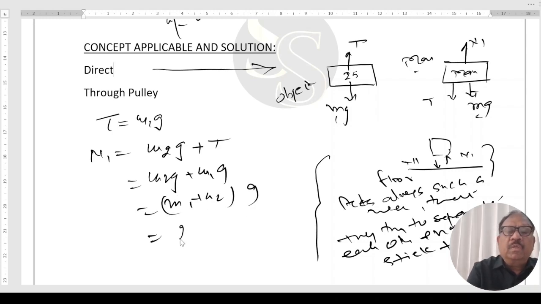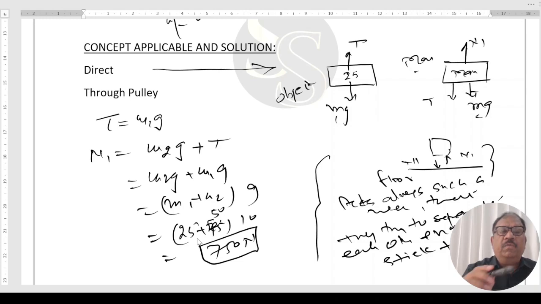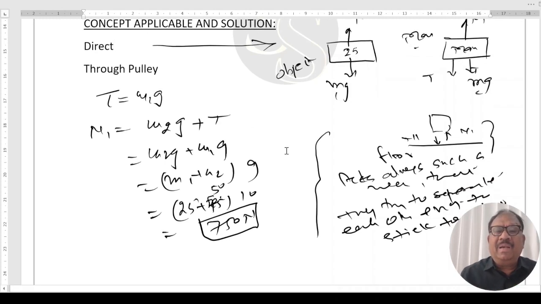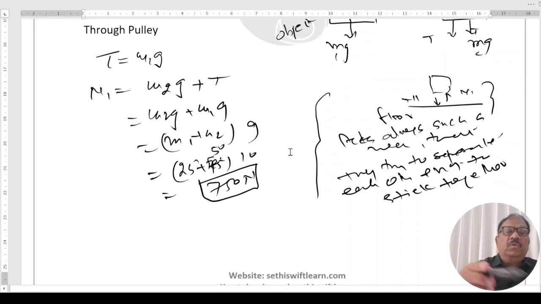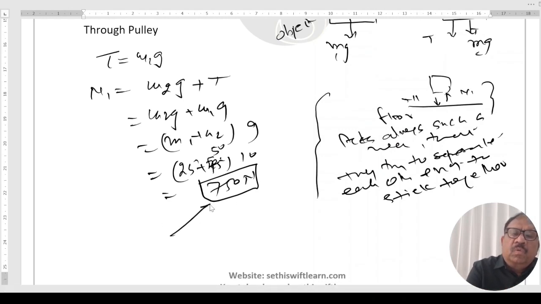M1 is 25 kg, M2 is 50 kg, so 75 kg into 10, 750 Newton. In case of direct lifting, the force on the floor is 750 Newton. So this will not be favorable.